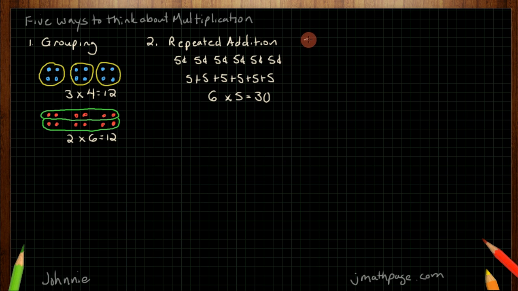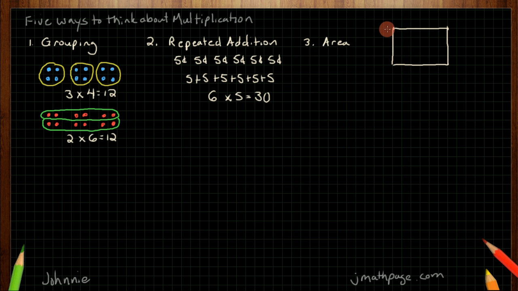A third way of thinking about multiplication is through area. So I'm going to make a shape here. And I want you to look at its size, right? Now, if I make this shape, this rectangle, and I wanted to know how much space was on the inside, what would I count? Well, I can count the squares. And that's how we usually think about area, is in terms of squares.